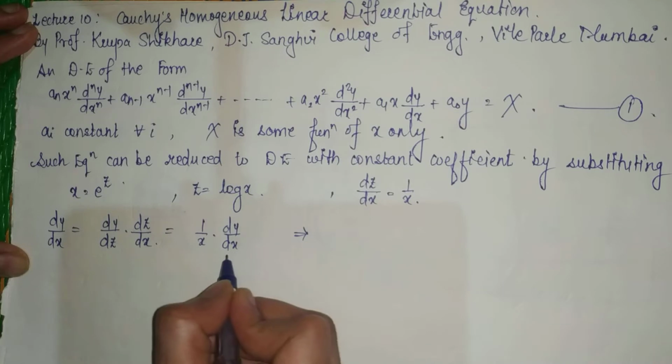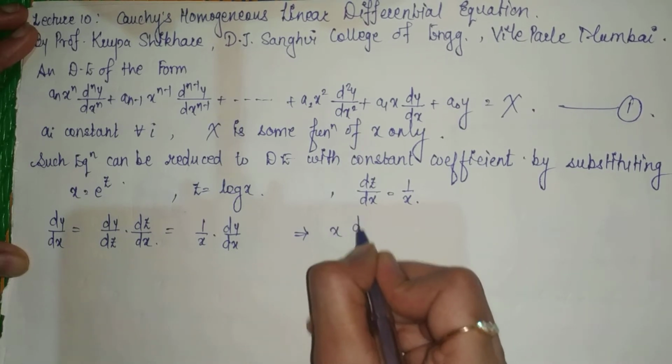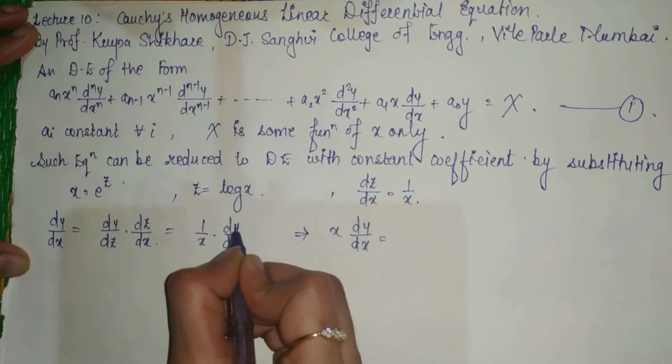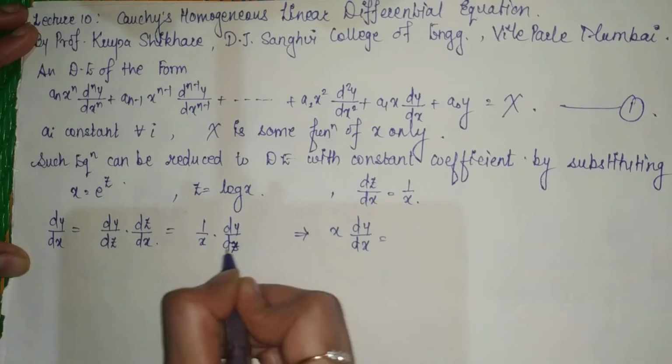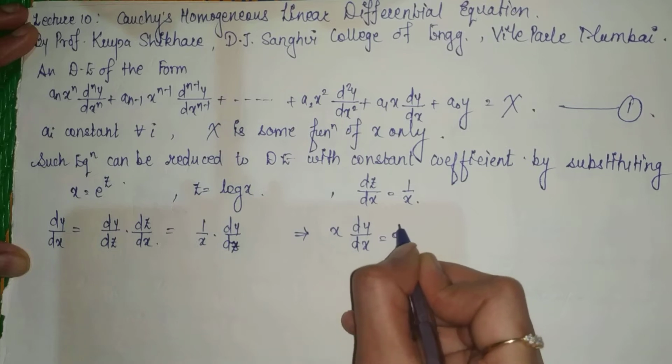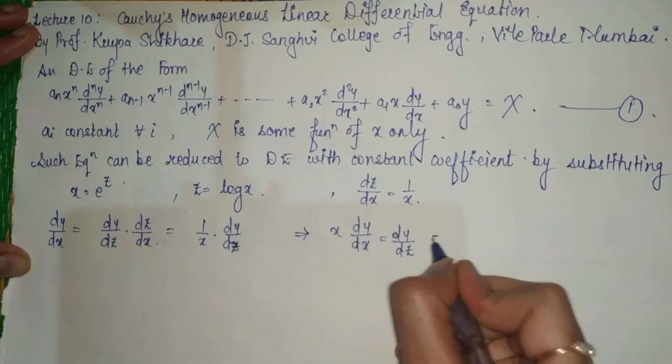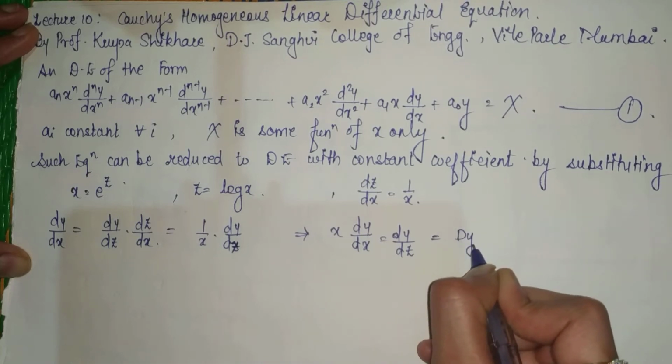If I multiply throughout by x, I get x dy by dx equal to dy by dz, which we can rewrite as D y.